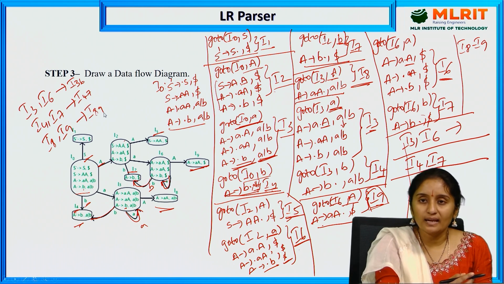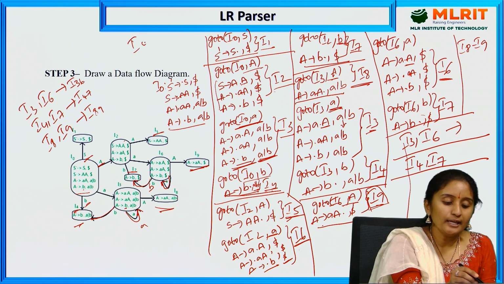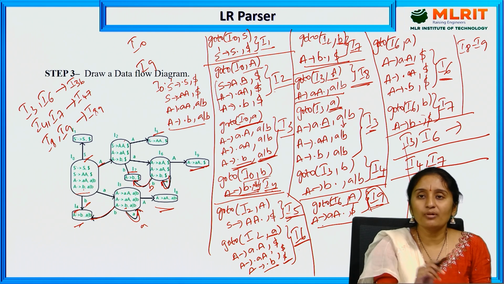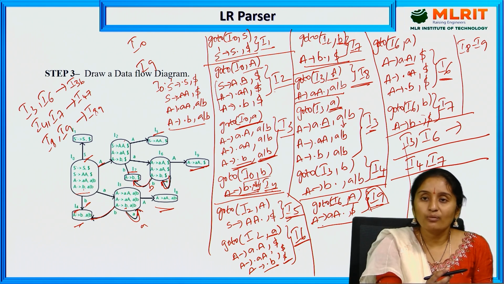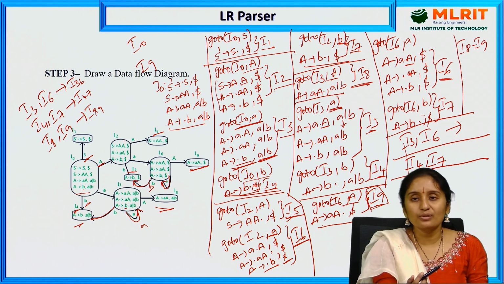Coming to the CLR(1) parsing table, we plotted I0 to I9 as the columns and constructed that many rows. But here we are going to reduce the size of the parsing table.